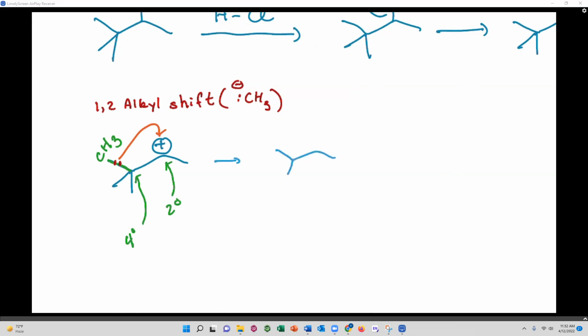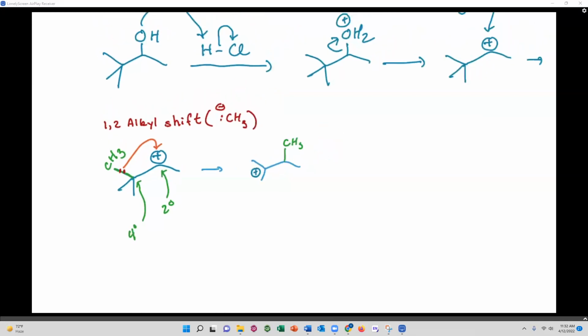The methyl group that I just moved is now over here because it left and it took its electrons with it. I'm now going to have a carbocation there. And the chloride that I formed in the first step is just patiently waiting, and will then come and do a substitution reaction.